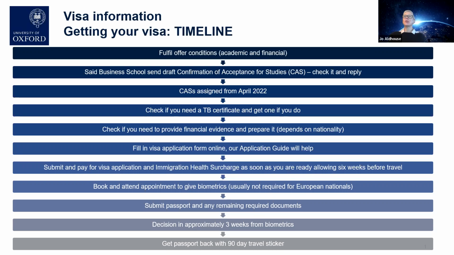Hello everybody, I'm Joe Oldhouse and I'm from the university's Visa and Immigration student team, and so we advise students from all departments of the university about their visa requirements. Also from the team is their head of student information, James Tibbett, so he's here as well.